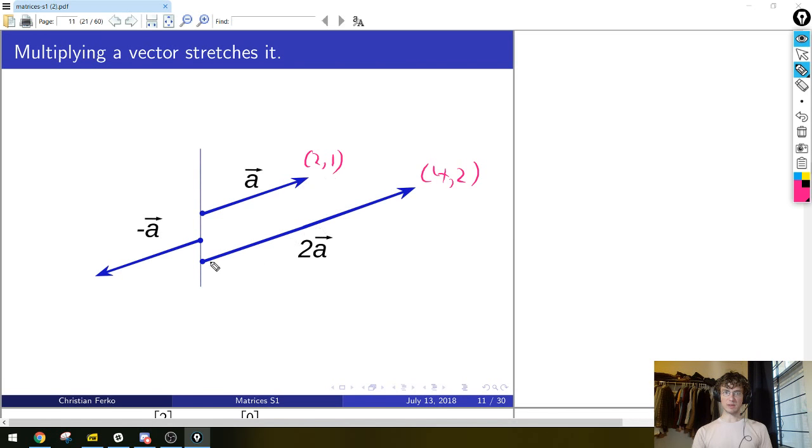So multiplying by a positive number stretches the vector, and multiplying by a negative number, like -1, so for instance this would be (-2, -1), simply reverses the direction. So geometrically, multiplication either stretches or reflects. Good.